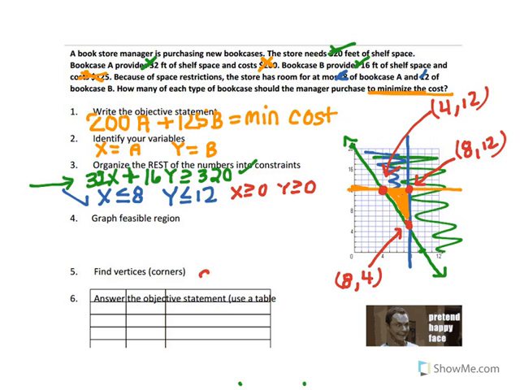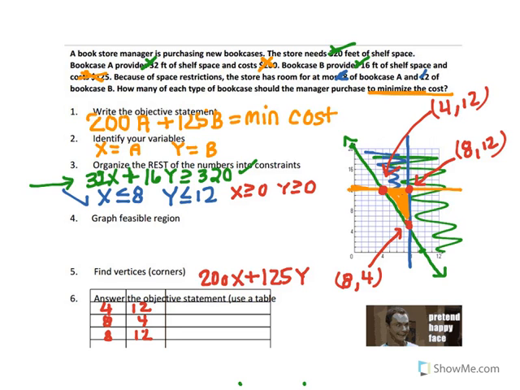So I'm going to use that to minimize my cost. I'm going to take 200 times x plus 125 times y, and I'm going to try to minimize those costs. I'm going to use the point 4, 12, the point 8, 4, and the last point is 8, 12.